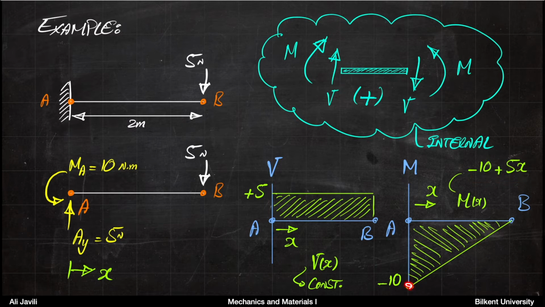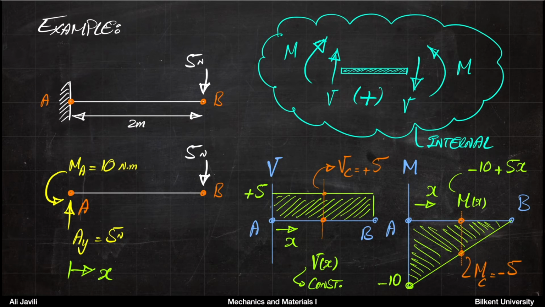Basically telling you that at point A, it would be minus 10. So pay attention that if you think of MA as an external moment, this is plus 10. So it's counterclockwise. But according to our scenario here, that would mean the minus 10. So it's minus 10 at A, which again means counterclockwise, by the way. And then it goes to 0 at B, and it goes linearly.